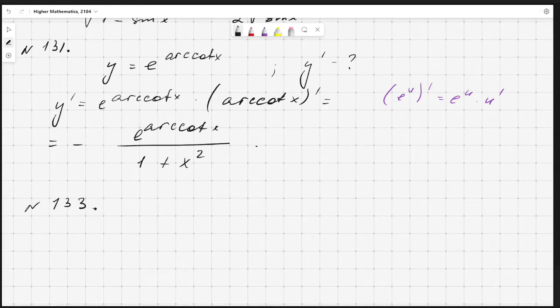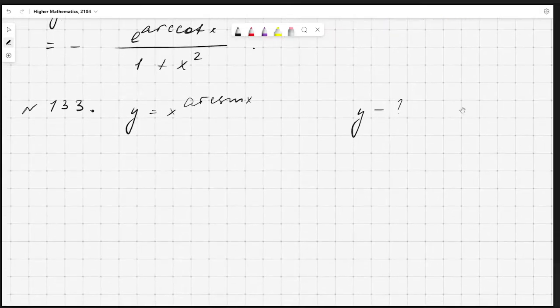Number 133. One is x to the power of arcsine of x. In this case, we can see x in the base and x in the degree, so we can use only logarithmic differentiation.